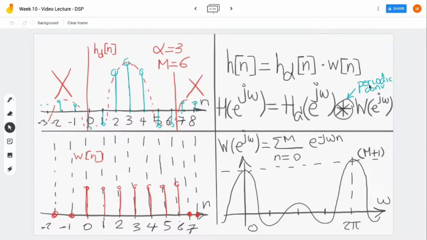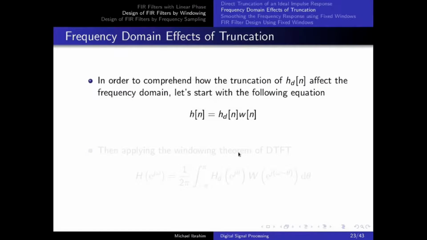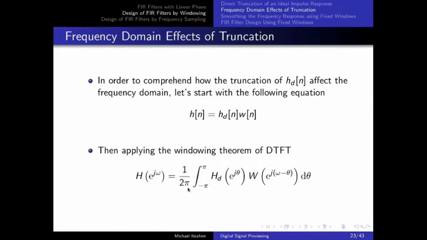We didn't study the periodic convolution, but the equation goes like this. The periodic convolution is 1 over 2 pi, integration from minus pi to pi, of h desired of e to the power j theta times w of e to the power j (omega minus theta) d theta. If you take a closer look at this equation, this is very similar to the linear convolution we used to learn in the previous courses, but it's only from minus pi to pi instead of having the integration from minus infinity to infinity.